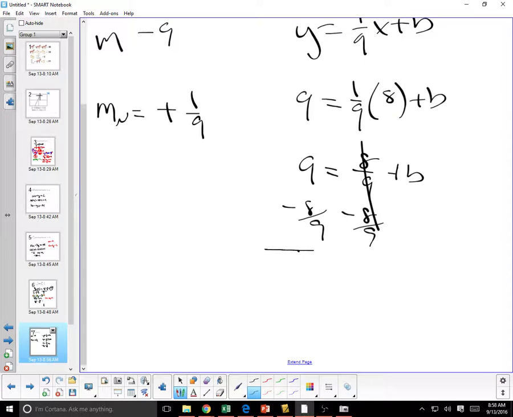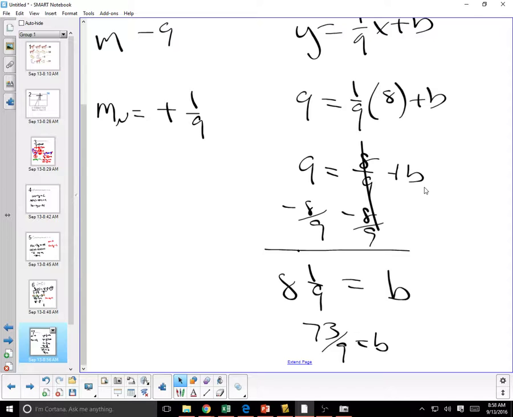And then I got to combine 9 and -8/9, which is, if you just did the math, 8 and 1/9 equals b. Now, if you want to convert that into an improper fraction, 73 ninths. Thank you. So, there it is.